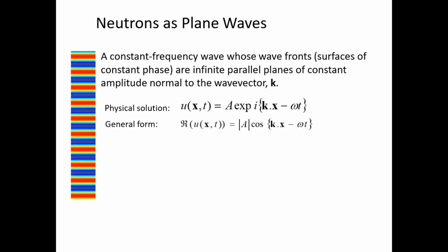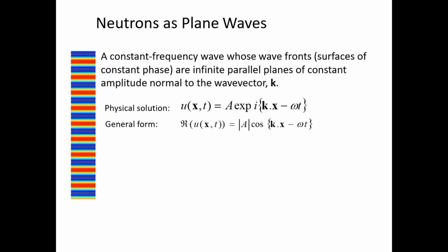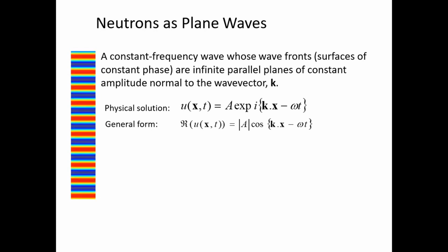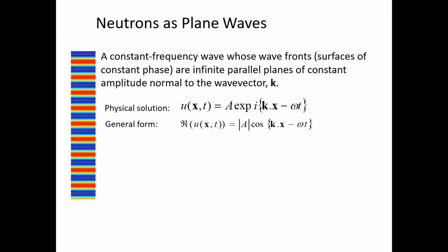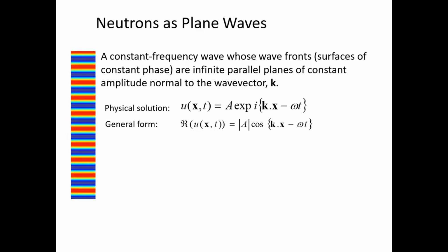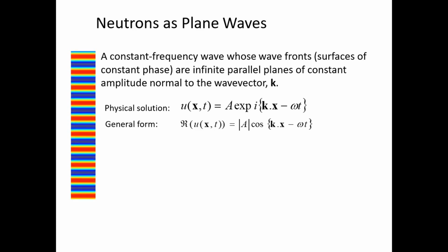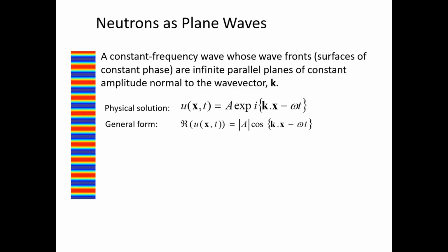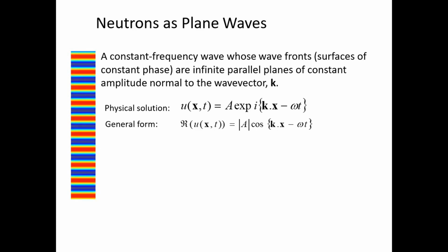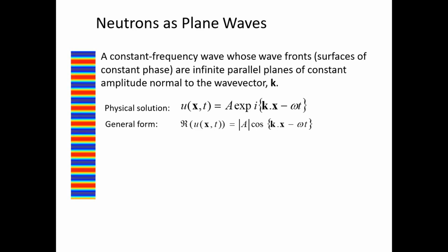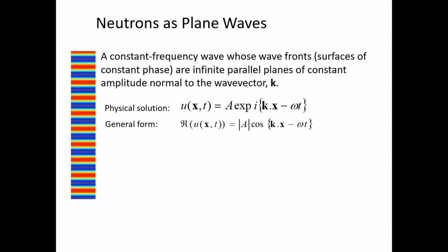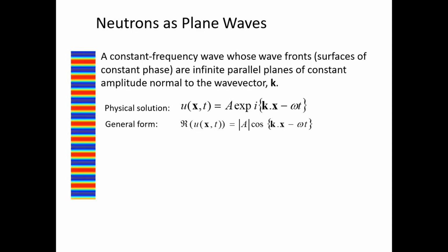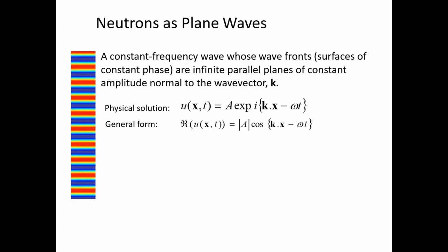And if we want to write it down in quantum mechanics, we can show that the physical solution for the neutrons' plane waves can be expressed in the form of u, which is a function of the position vector x. It is not really the x coordinate, it is the x vector which has the x, y and z directions, and the t, and it is given as a multiplied by e to the power iota times k dot x.